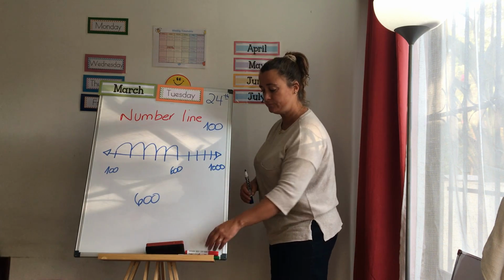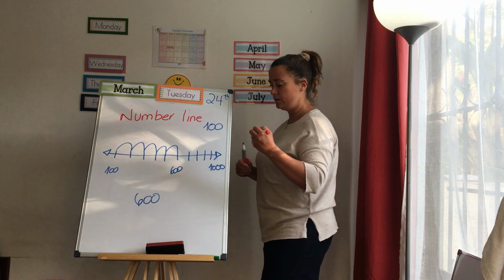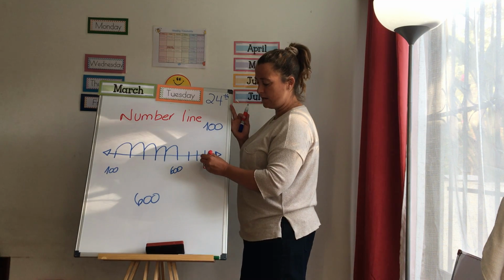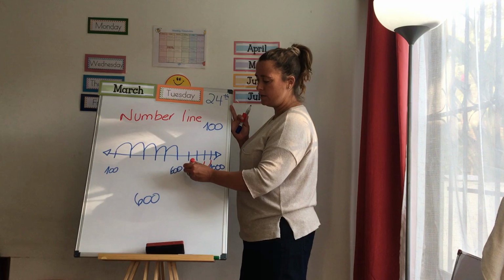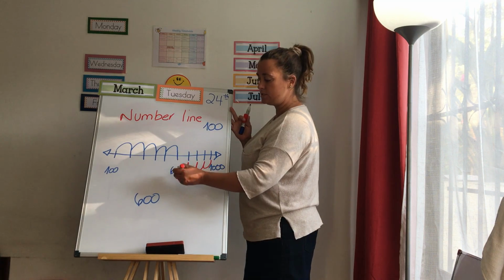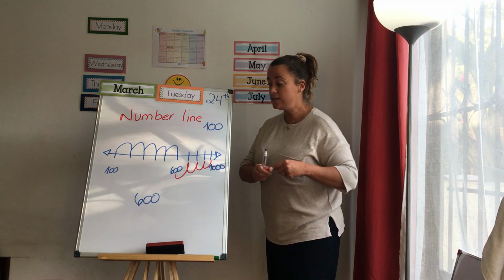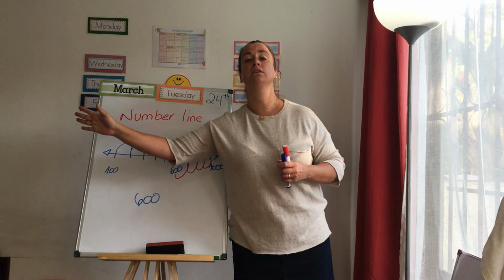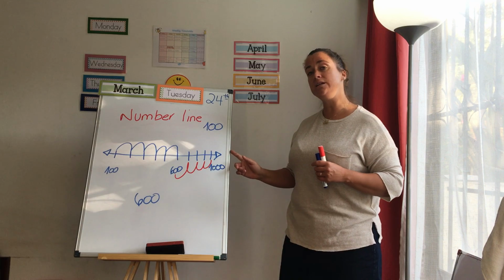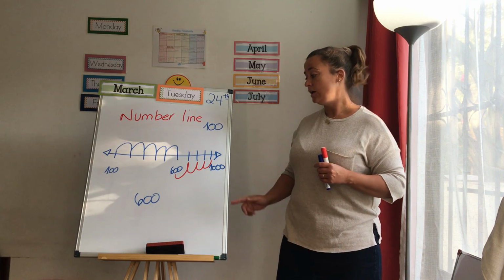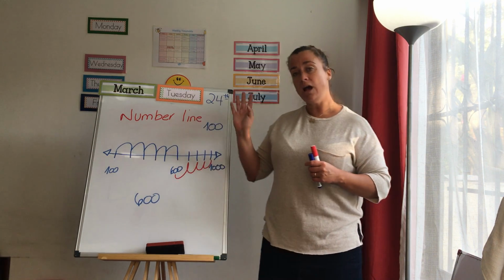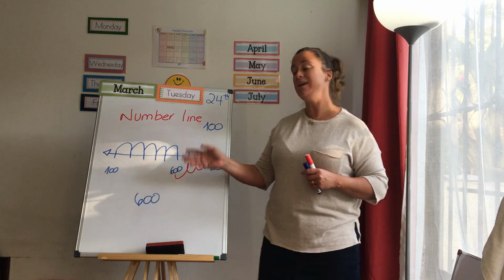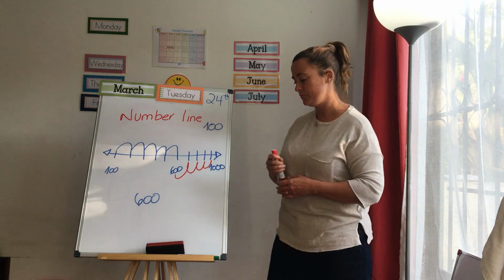And if we go from the other way: 1,000, 900, 800, 700, 600. As you can see, again, if I start from the left or if I start from the right and I count properly, I will get to the same answer and the same position.